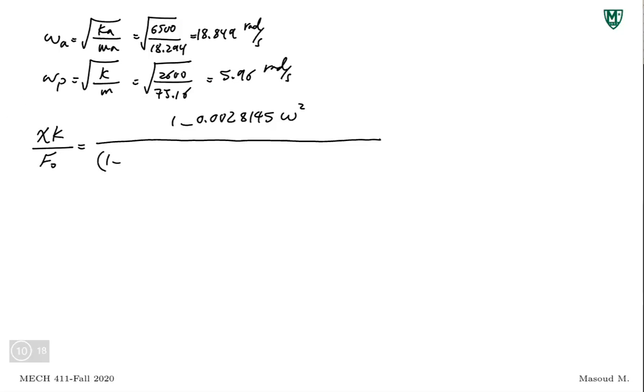Denominator would be 1 minus 0.0028145 omega squared times 3.5 minus 0.0028145 omega squared minus 2.5. This would be your force transmissibility.